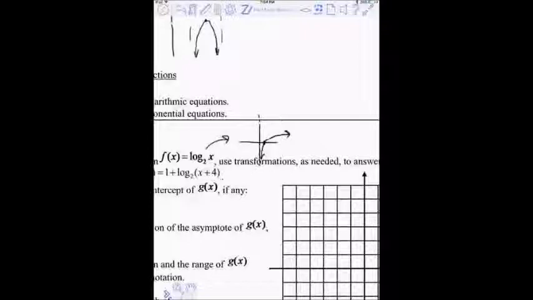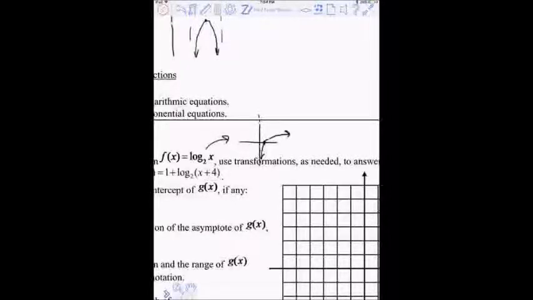So what we need to do now is apply these transformations, the +4 and the +1, to that graph. So this +4, since it's inside the logarithm, it's a horizontal transformation. It's going to move the graph to the left 4 units.